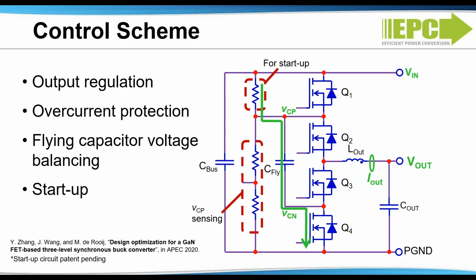During startup, the flying capacitor is initially charged to half the input voltage using an existing voltage sensing resistor network, plus an additional resistor located between Vn and Vcp, and turning on only Q4. More information on this control methodology can be found in the paper referenced on this slide.